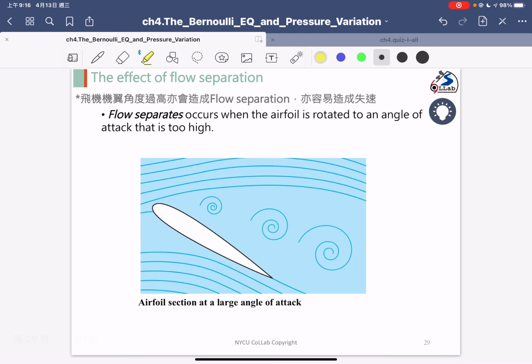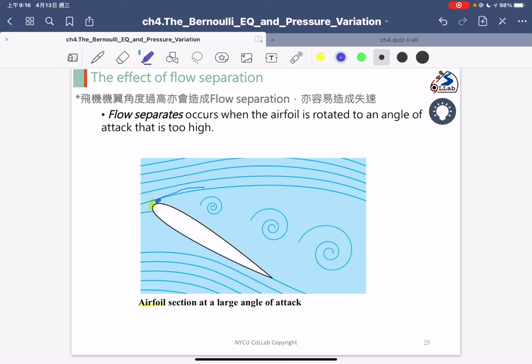As you can see, this is an airfoil, and if we have the incline angle too high, the flow separation will occur at this point early. So if we incline the airfoil to high angles, the flow separation will happen more easily.